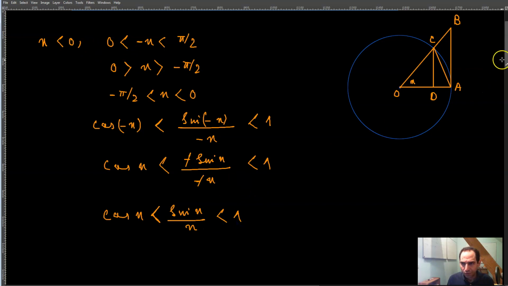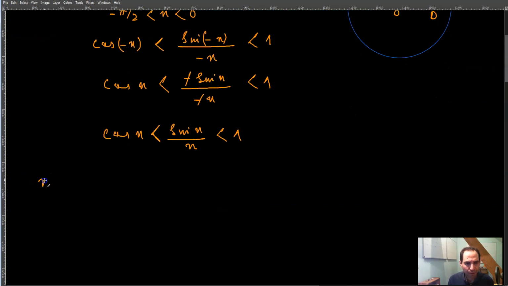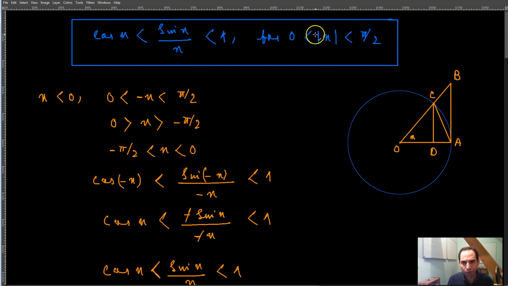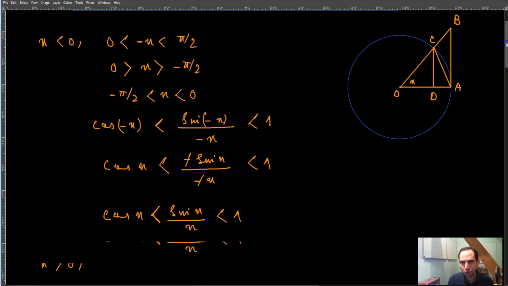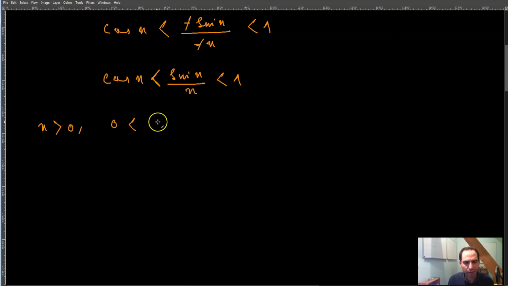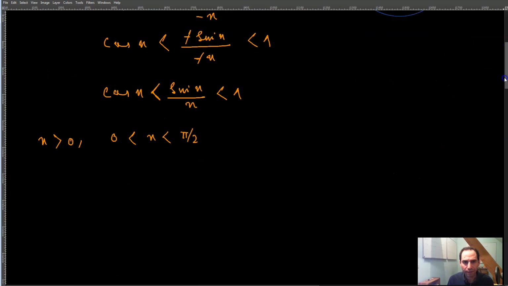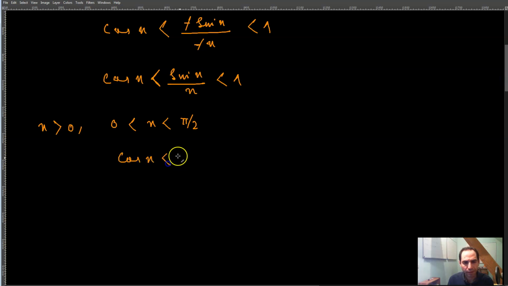Now, if x is greater than 0, then you have 0 less than x less than pi by 2, and so you have simply cos x is less than sin x by x, which is less than 1.